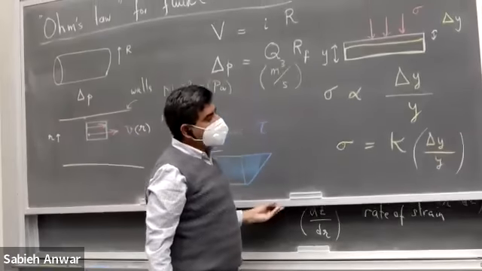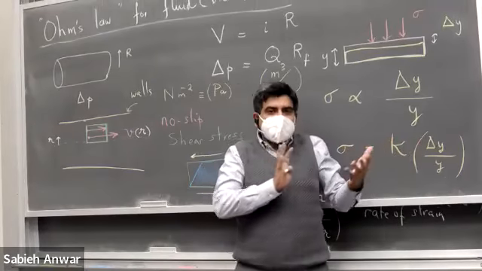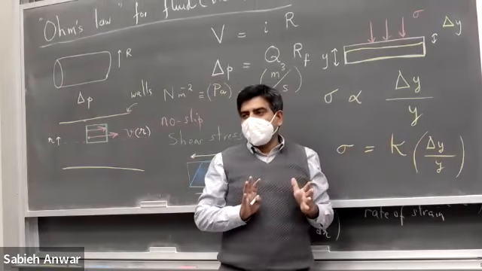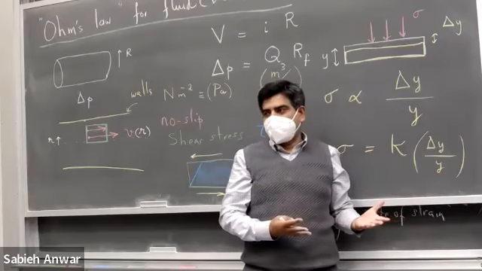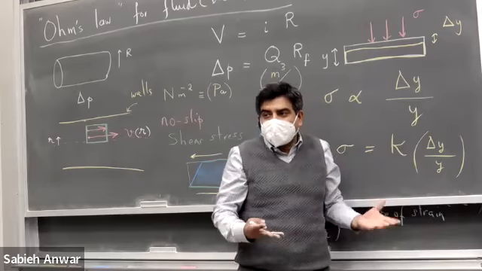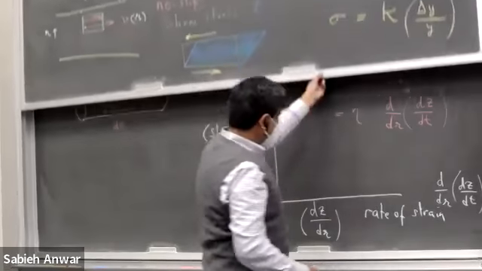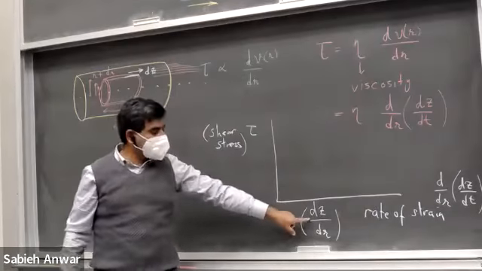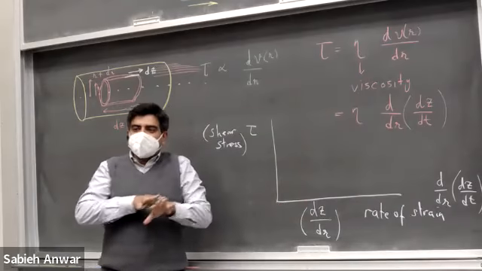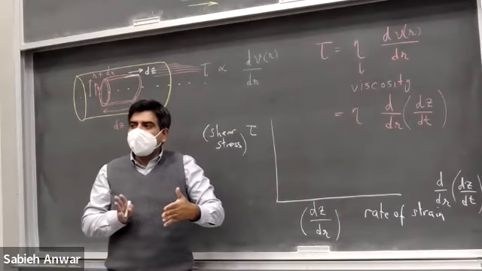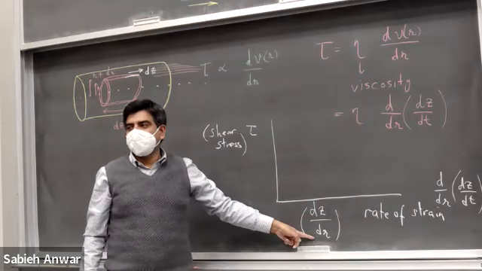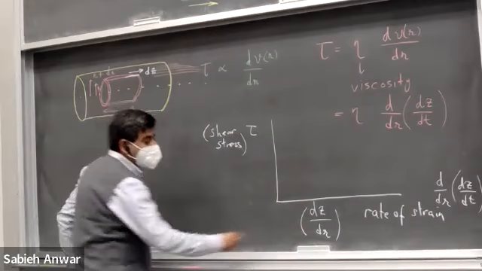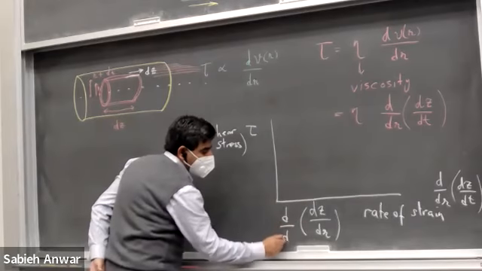How do we define strain? It's the change in a dimension referenced with respect to a reference dimension, y. That's strain. This is how we are defining the strain over here as well. The change in the position of a layer of fluid, dz, with respect to a reference. And now for fluids, we would like to put in a time derivative as well.